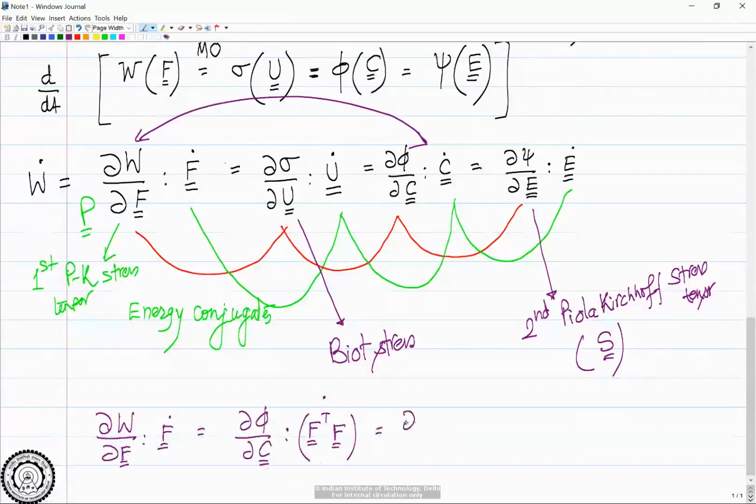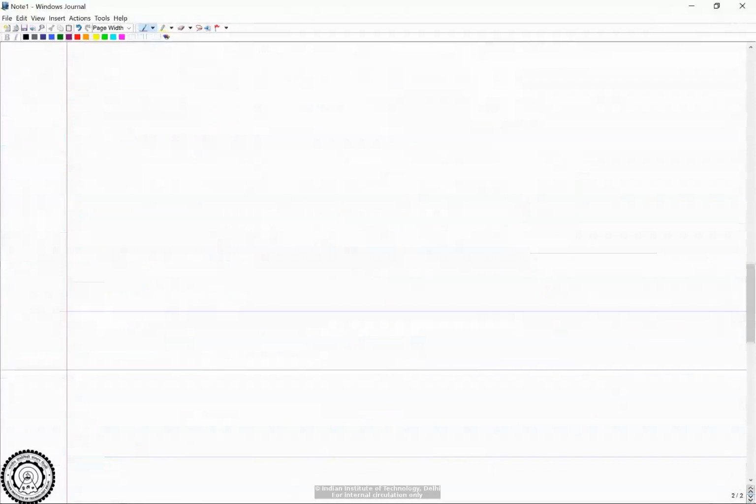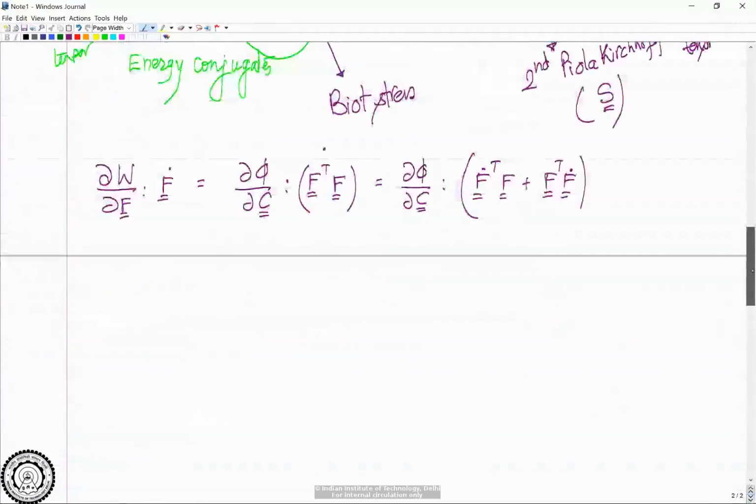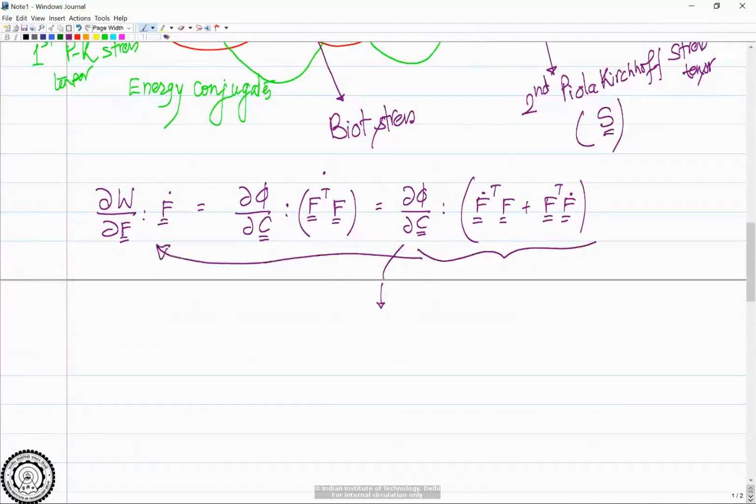Okay, which is the same as del phi over del C double contraction F dot transpose into F plus F transpose into F dot. Then let us see what we can do. The idea now is to separate F dot from this expression so that we can then compare with the leftmost expression on the left hand side.